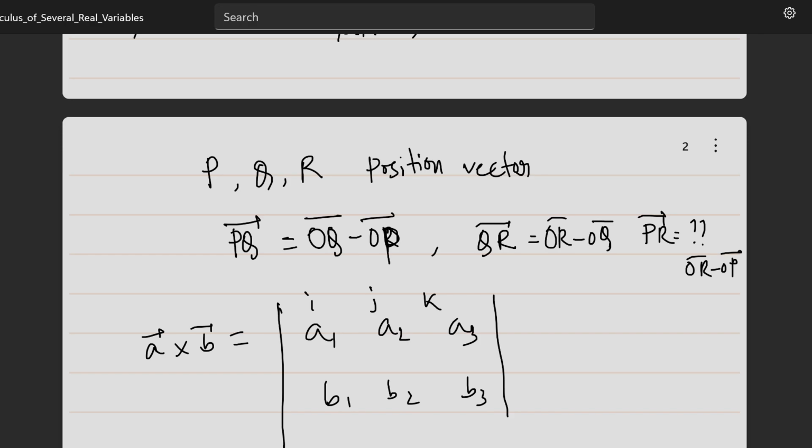So what do you mean by this mod? I already told all these things. Mod of A cross B means mod A into mod B sin theta n hat, right? Mod of n hat is 1. n hat is the outward unit normal.